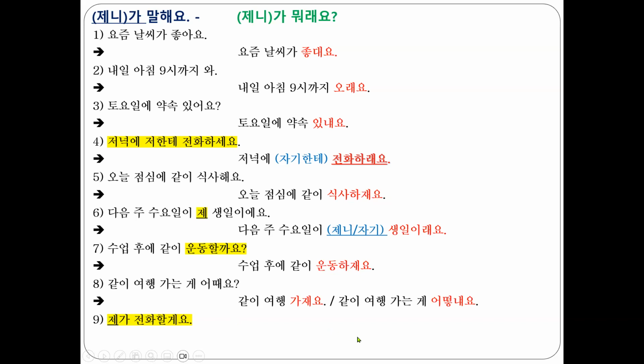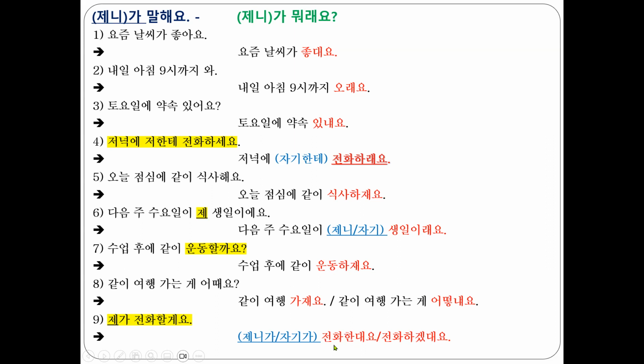So ㄴ대요. 전화한대요. Who? Jenny. If you want to make the 제가 specific in indirect quotation, then you have to say 제니가 전화한대요. Or 자기가 전화한대요. Herself will give me a call.